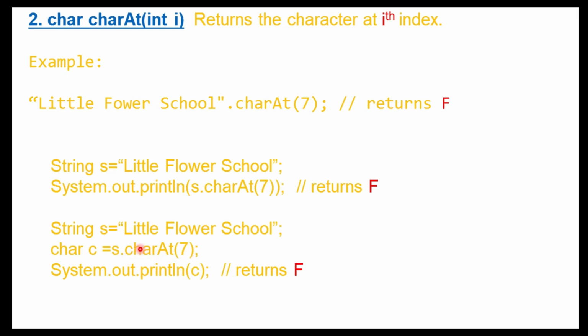The same thing will happen here: from the string S, the character at the 7th position, which is capital letter F. So I am printing it. In programs you can use this, or this one, or this one. Any can be used, but all the methods will return the same answer.